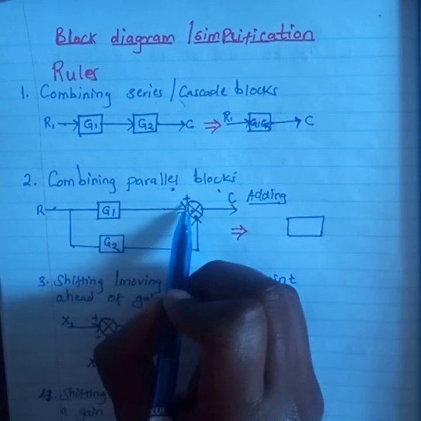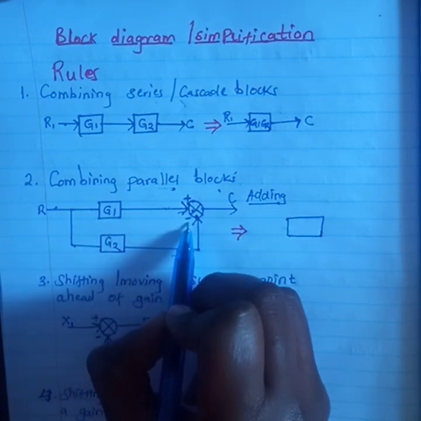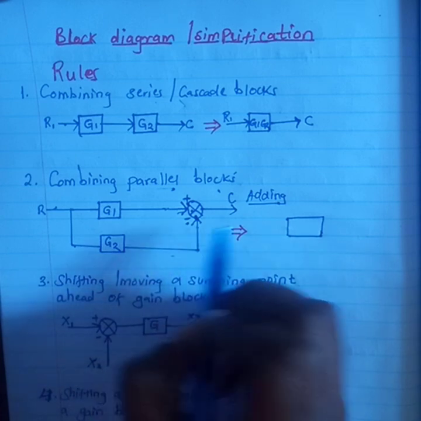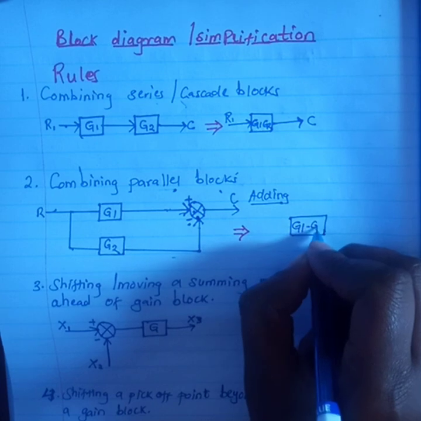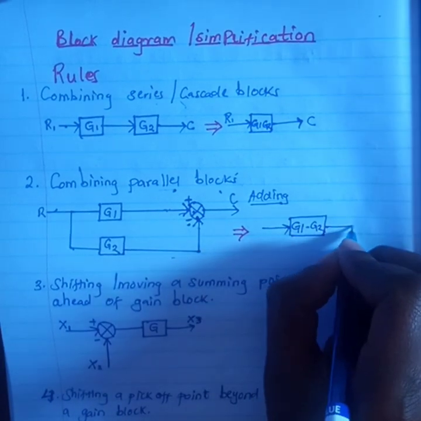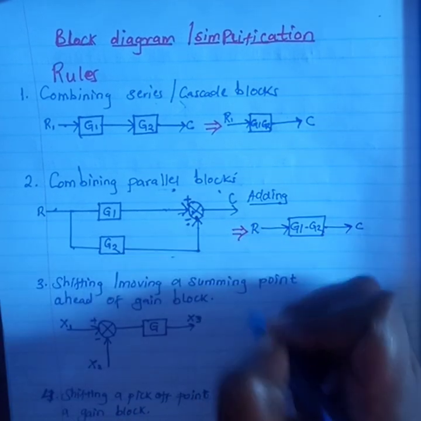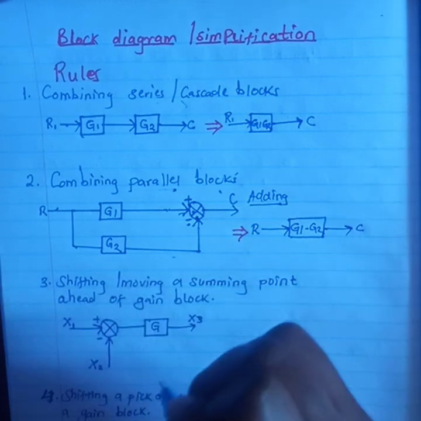one block like this. This one is plus, meaning that G1 is positive, and this one is minus, meaning that G2 is negative. So we'll have G1 minus G2 inside that block. Then I have my arrow, this is my output C, and this is my input R. That's how we simplify parallel blocks.